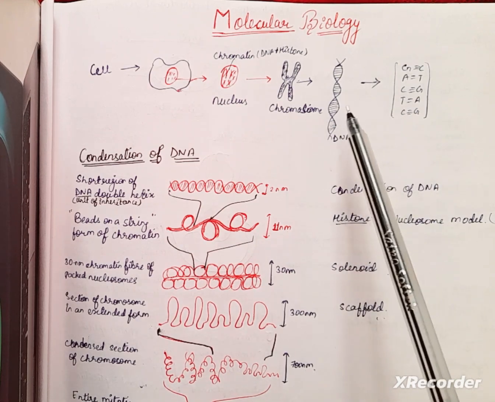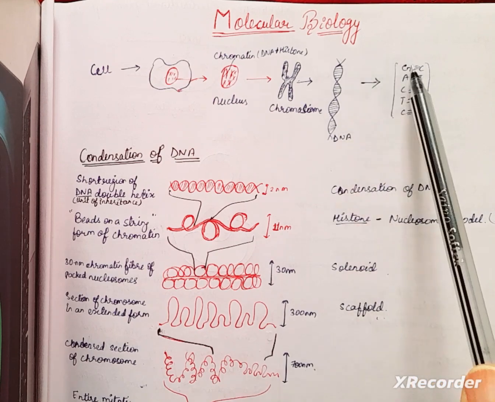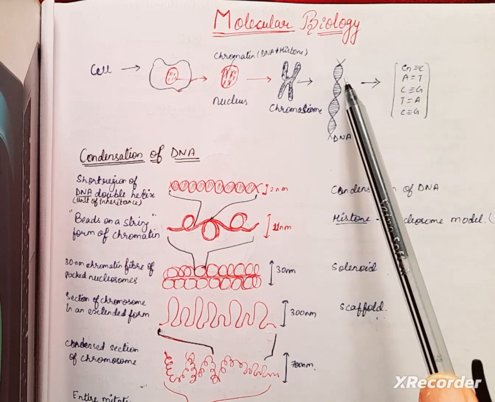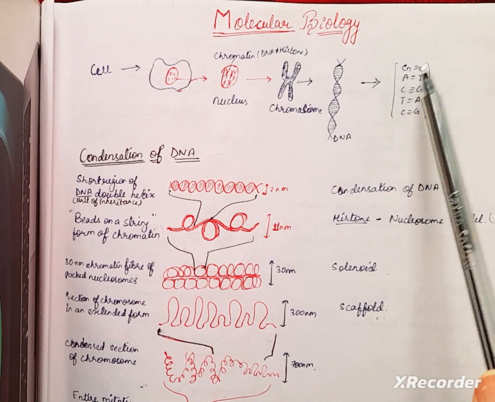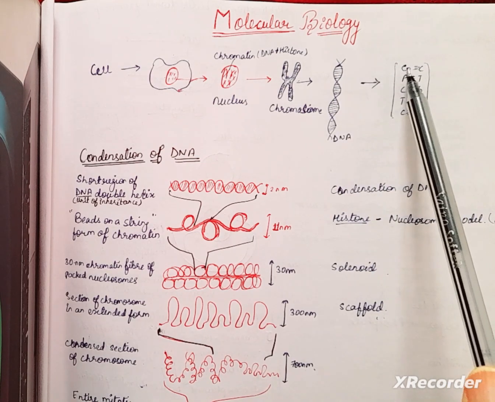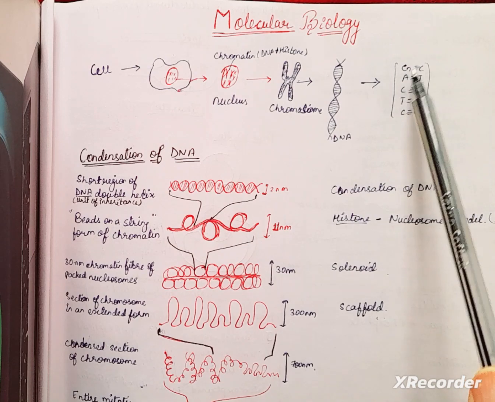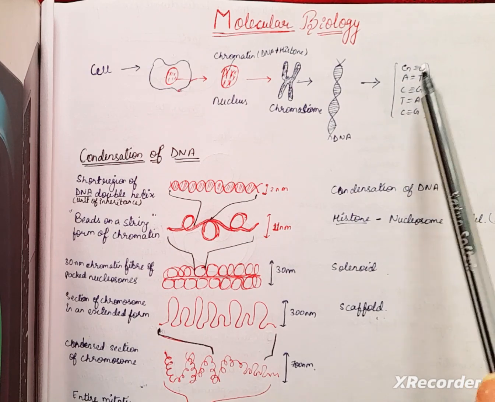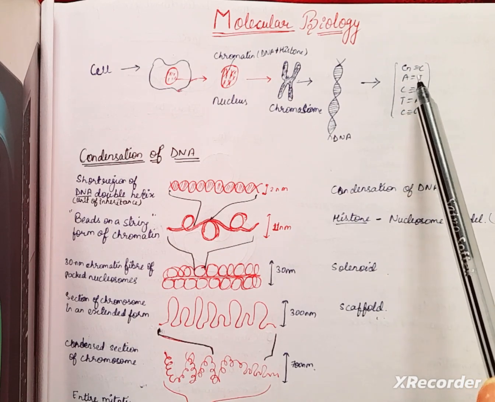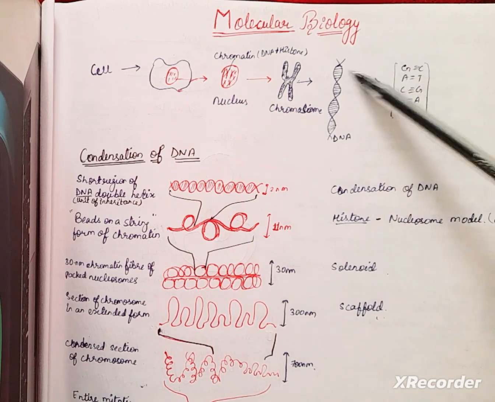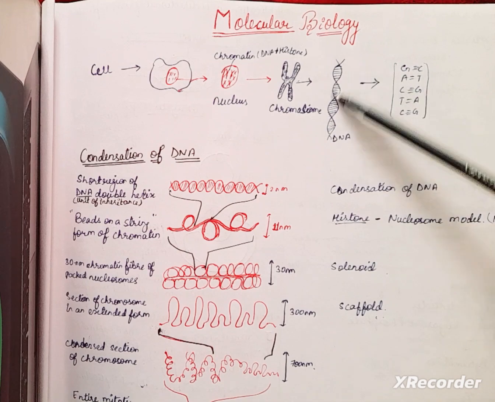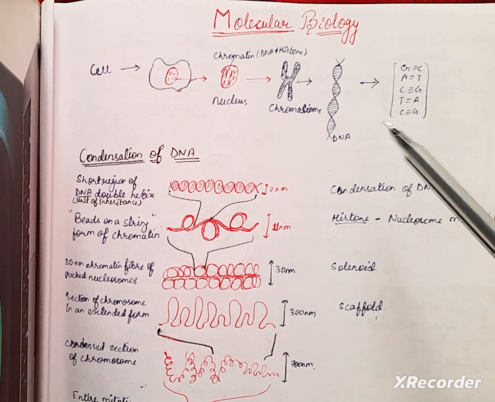The four bases, purines and pyrimidines, are present inside. G, guanine, makes 3 hydrogen bonds with cytosine, and adenine makes 2 hydrogen bonds with thymine. This is the basis of the DNA's form.